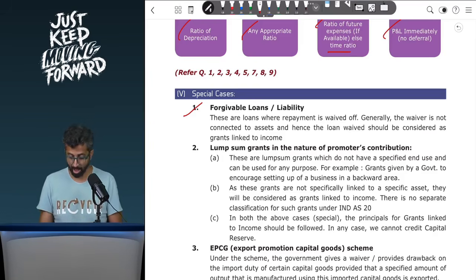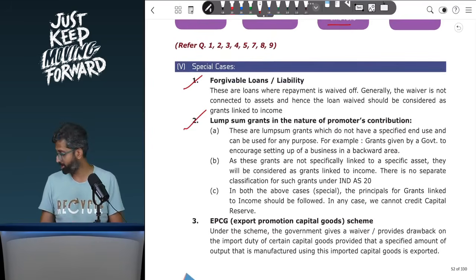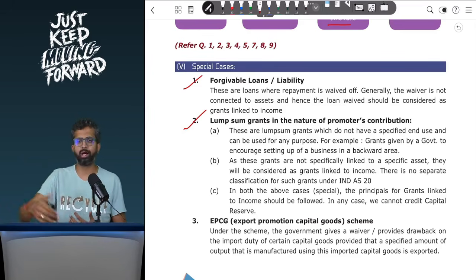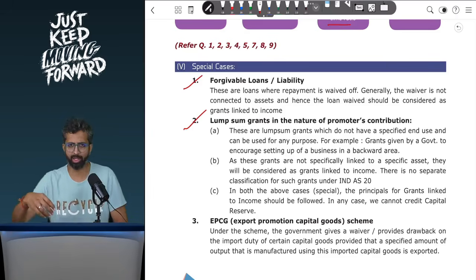Second, and a more important condition over here, is what if it's a lump sum grant which is linked to promoter's contribution. Like if, let's say, Arunachal Pradesh is a state which wants people to set up businesses over there, and in order to incentivize, they say that we don't care whether you own assets over here or you operate on rented premises.